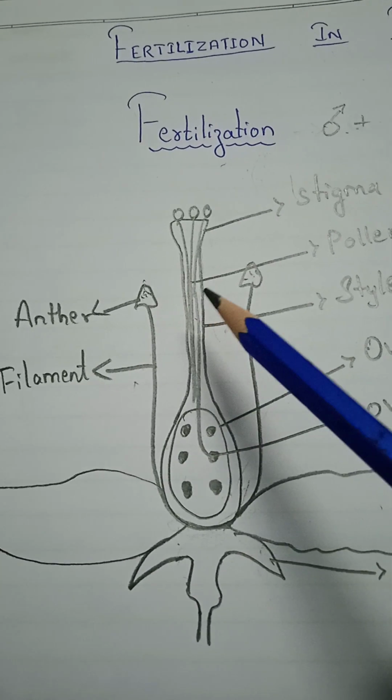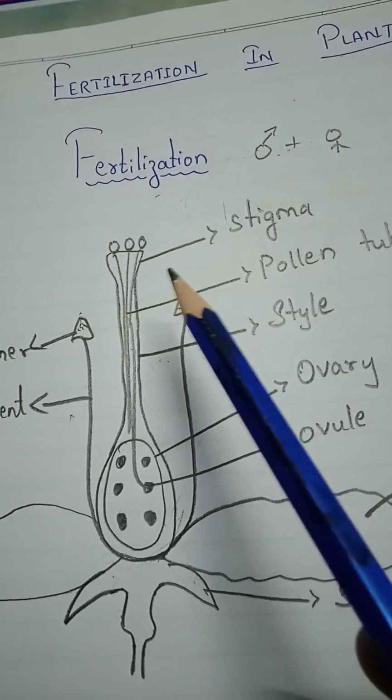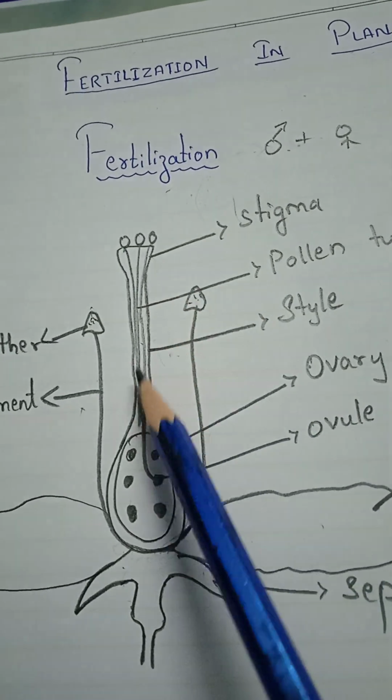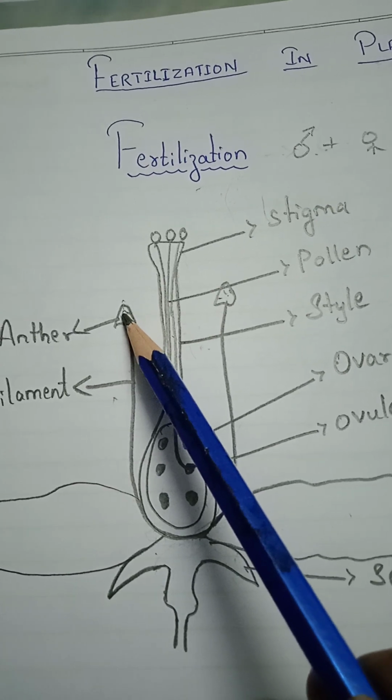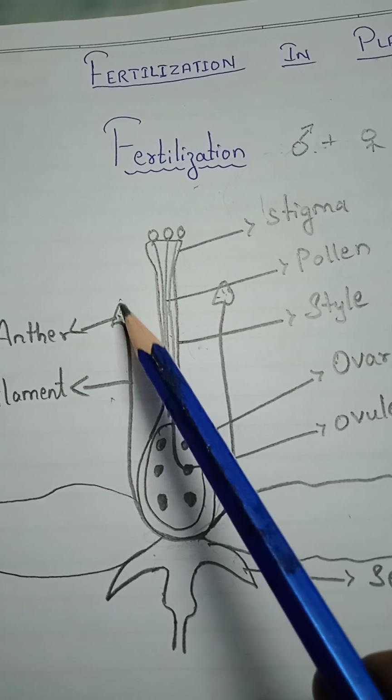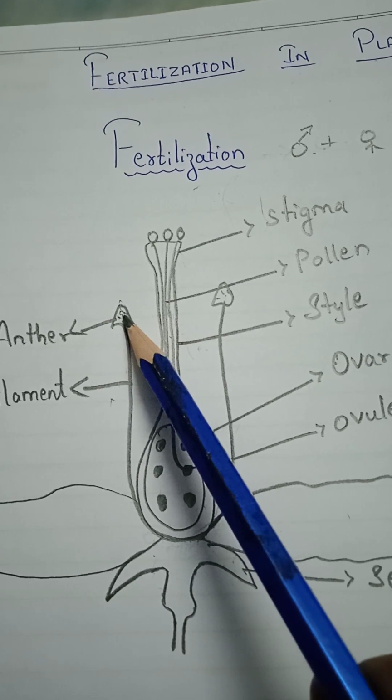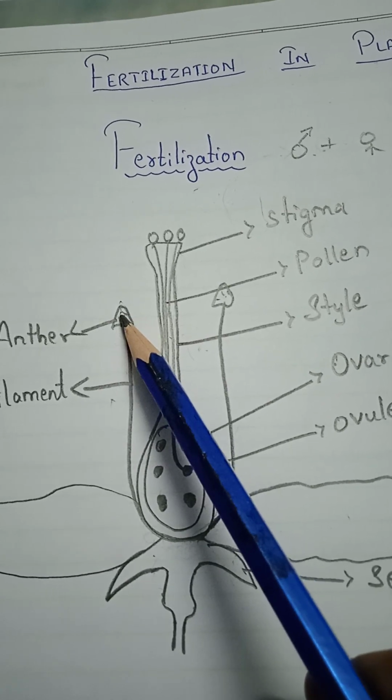Let us see how fertilization takes place. The anther makes and stores the male reproductive cells known as pollen grains.